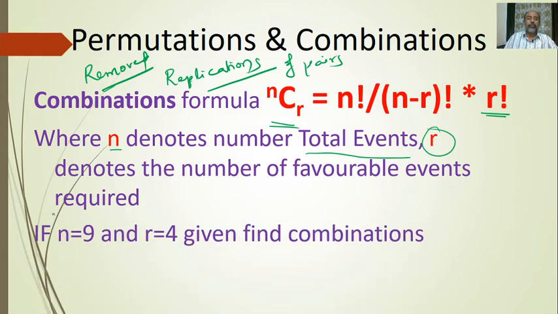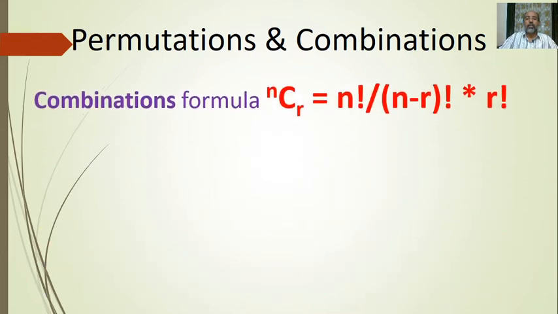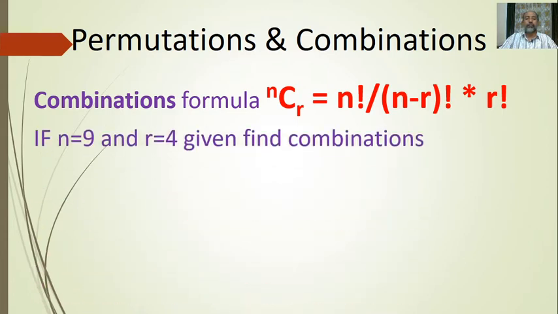For example, if n is 9 and r is 4, find the combinations. It is mentioned clearly, combinations, not permutations. So nCr is n factorial divided by (n minus r) factorial into r factorial.